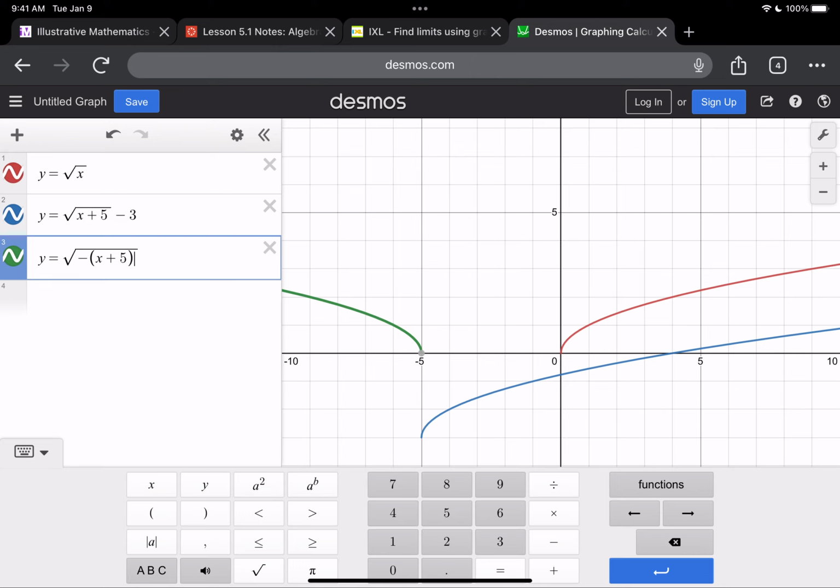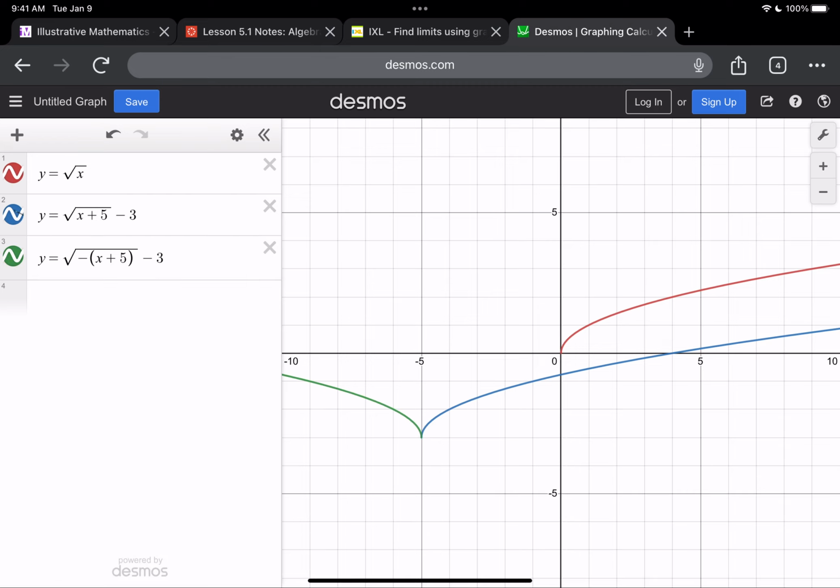But then I also need to bring it down, minus 3. So you can see that's what we wanted the graph to do. It went to the left 5, and then it went down 3, and then it flipped. So that is how we represent reflection.